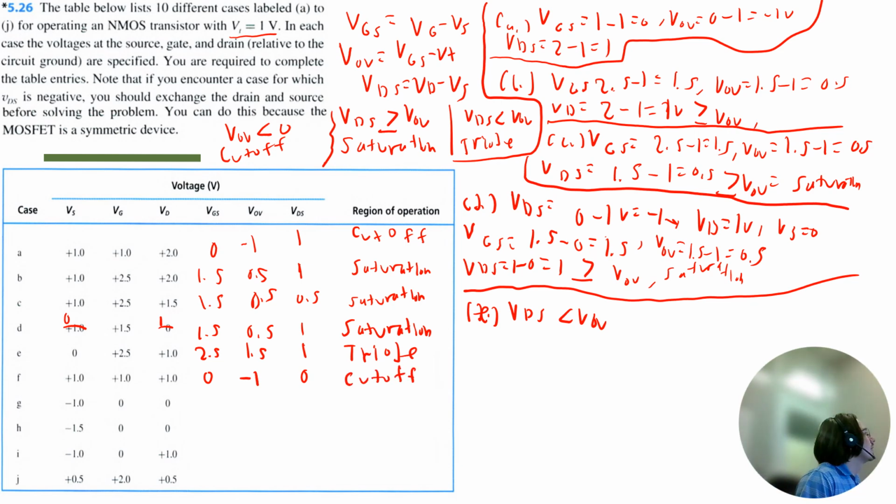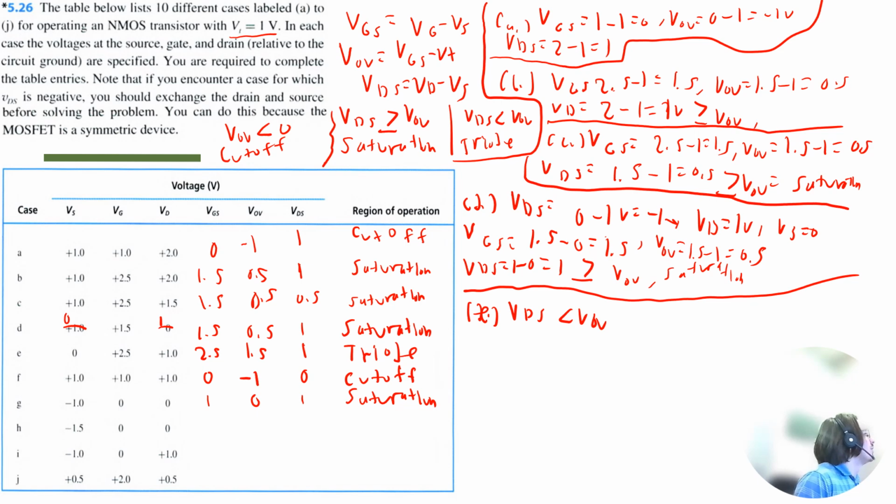Okay, for case G, VGS is 0 minus a negative 1, so it becomes a positive 1. So V overdrive is 1 minus 1, 0, and VDS is 0 minus a negative 1. You get a positive 1 there. And then we have that VDS is greater than V overdrive, so this is saturation.